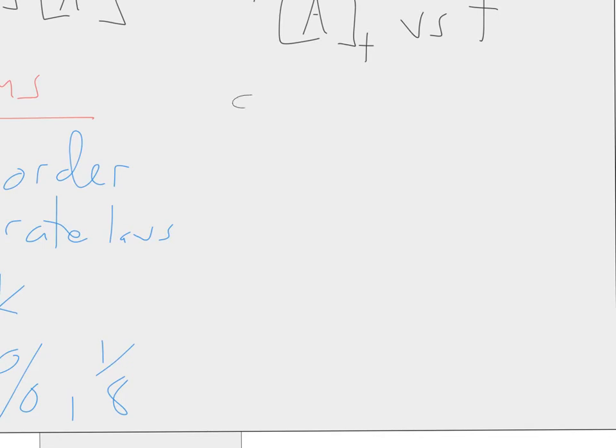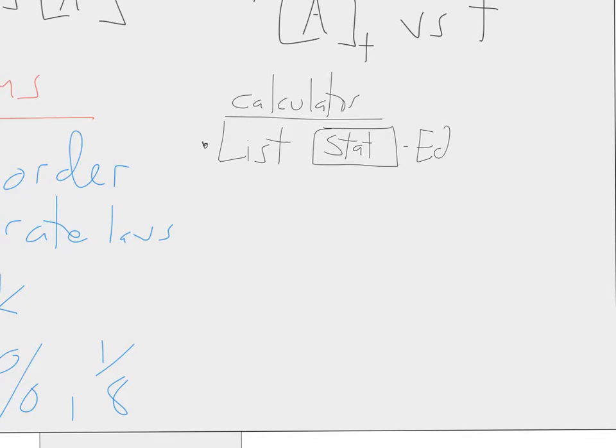So our calculators: to make lists, if you needed to graph these, you need to be able to make a list in the Stat Edit button. You need to be able to do a linear regression test.